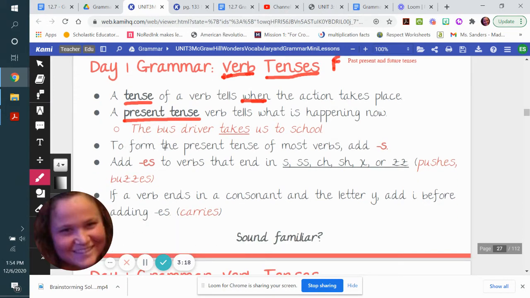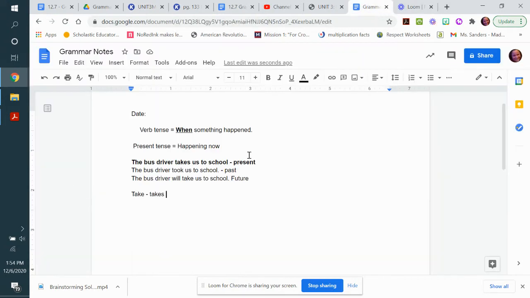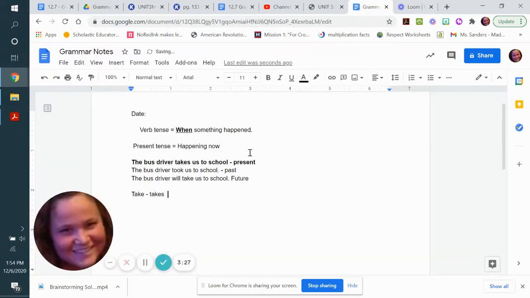So it says, to form the present tense of most verbs, we just add an S. So we're going to put that in our notes. To form present tense verbs, add an S.